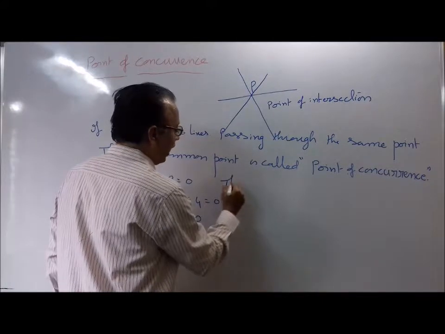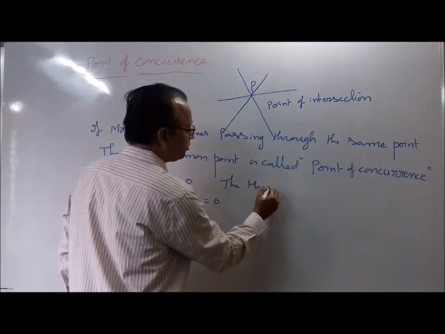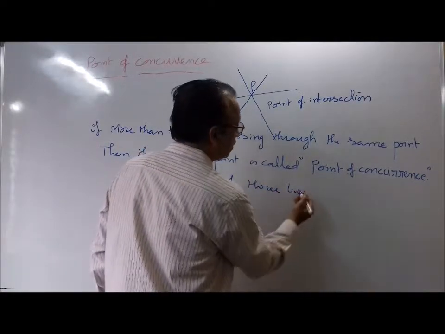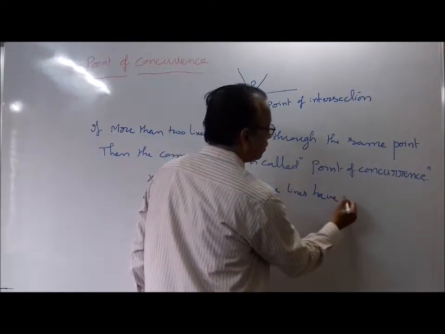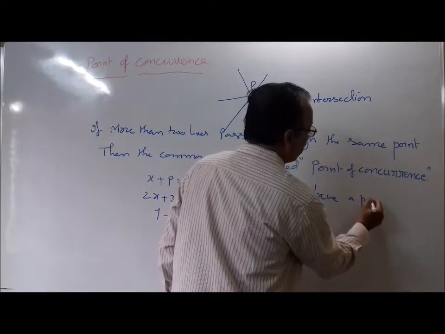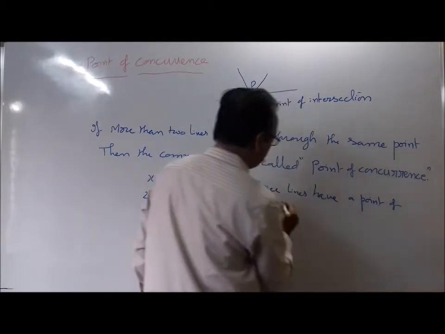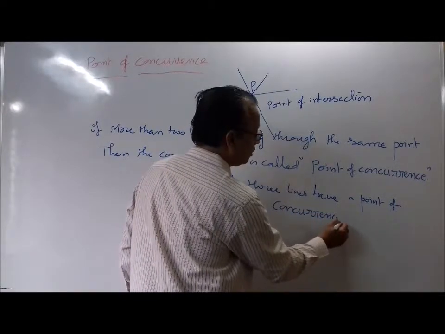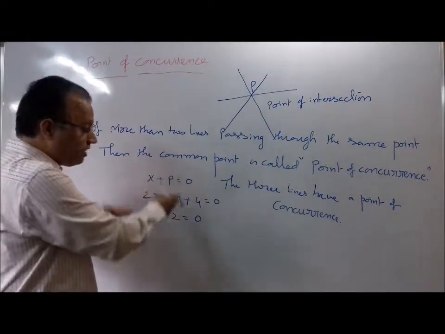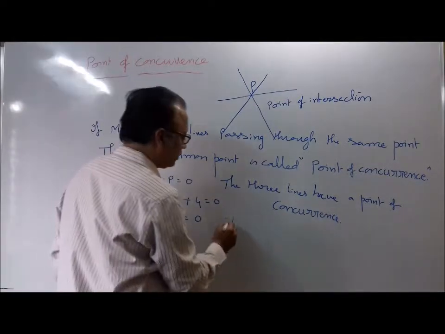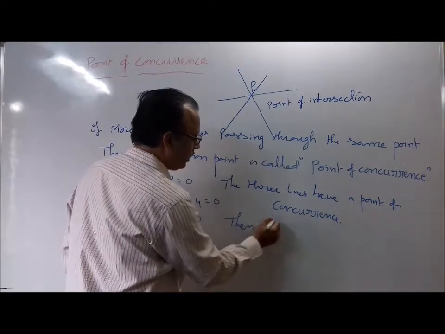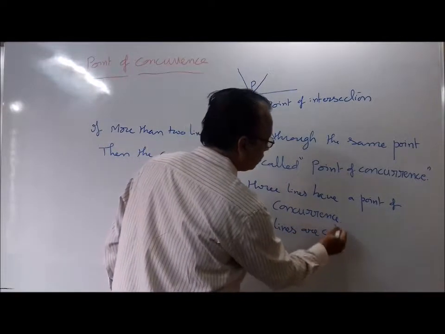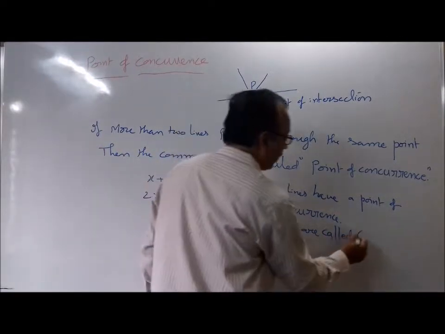Suppose the three lines have a point of concurrence, then what are the three lines called? Three lines are called concurrent lines.